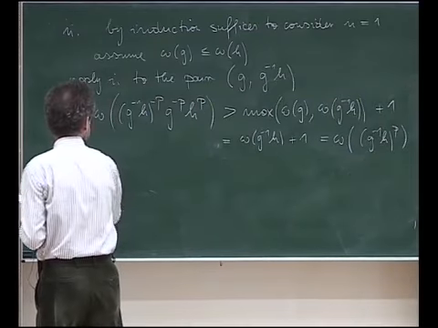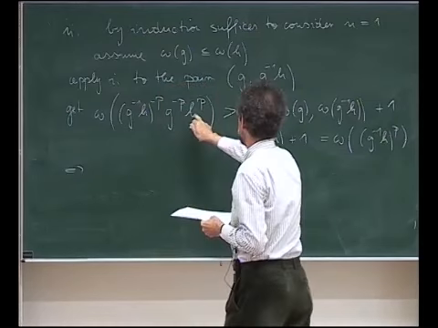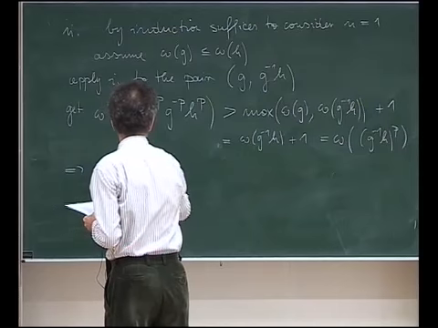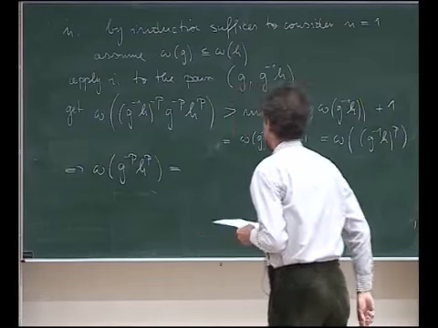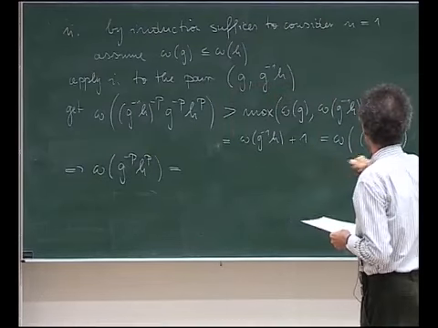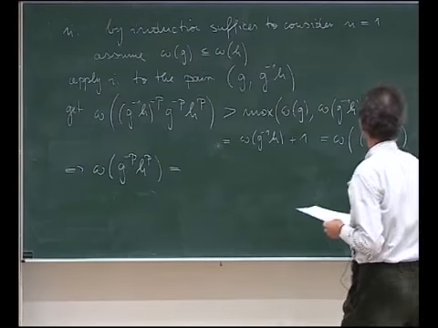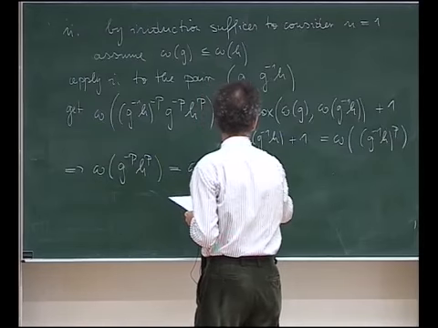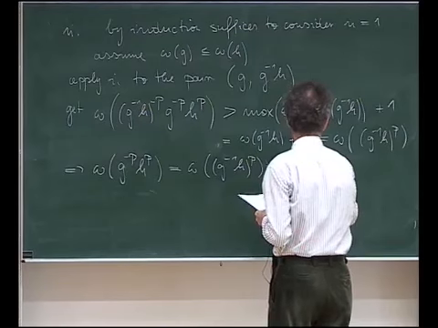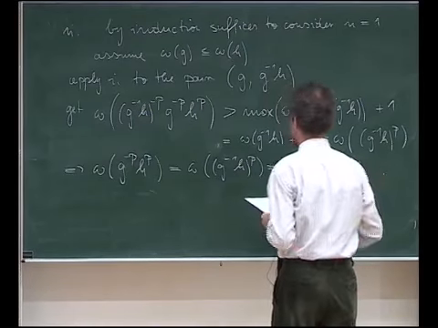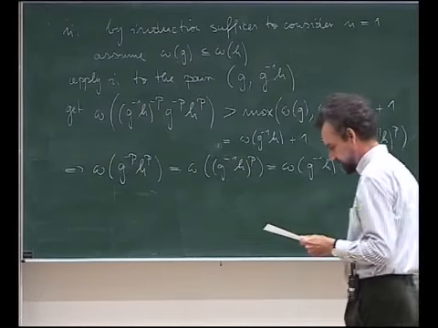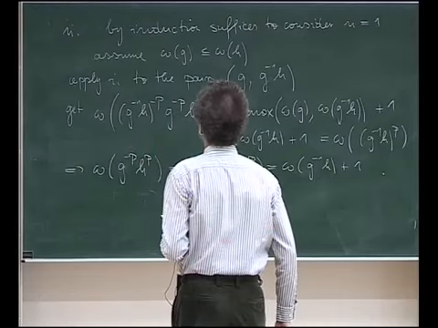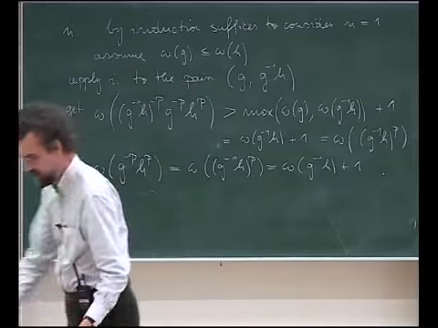So you see these two elements have different omega, and so the product of the two, which is just h to the p, has to have the smaller omega, which is omega of g minus 1 h plus 1.